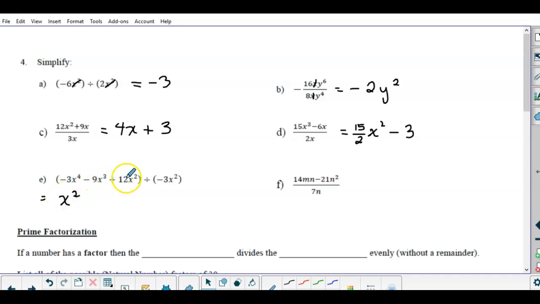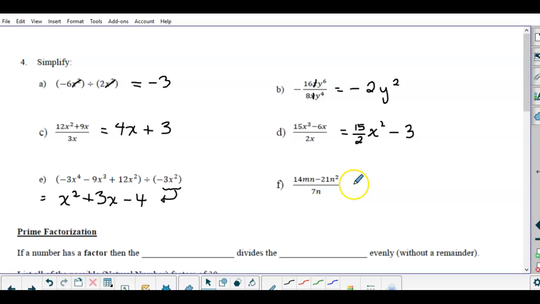Then negative 9 divided by negative 3 is positive 3. x cubed divided by x squared is x. 12x squared divided by negative 3x squared is negative 4. So change that to subtract 4. And how can you check? Multiply your answer by your divisor.